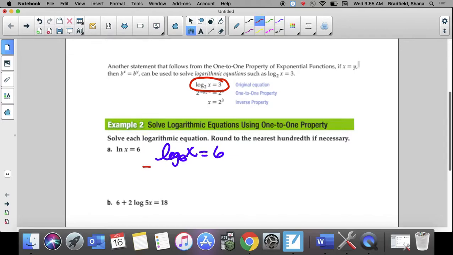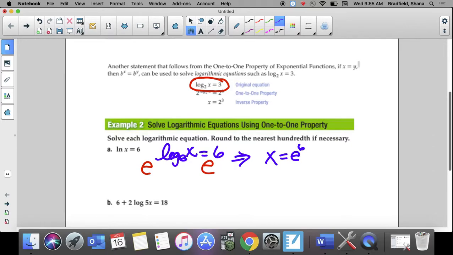So I'm going to add an e here and an e here, and the log base e of x and the 6 both become exponents. So on the left side, when I have e to the log base e of x, that simplifies to x. And then I have e to the 6.